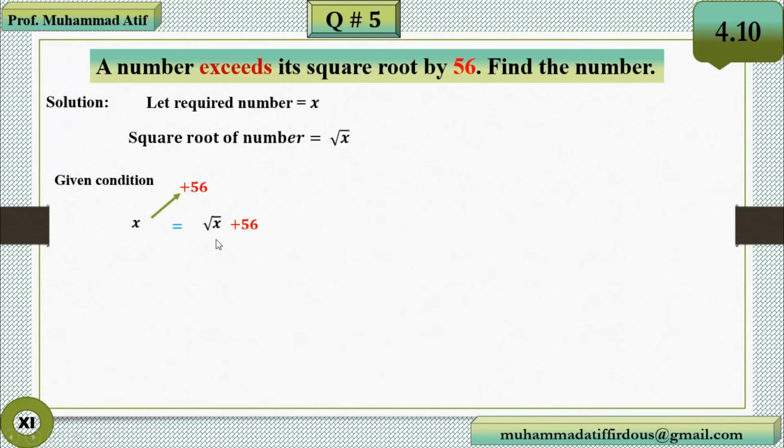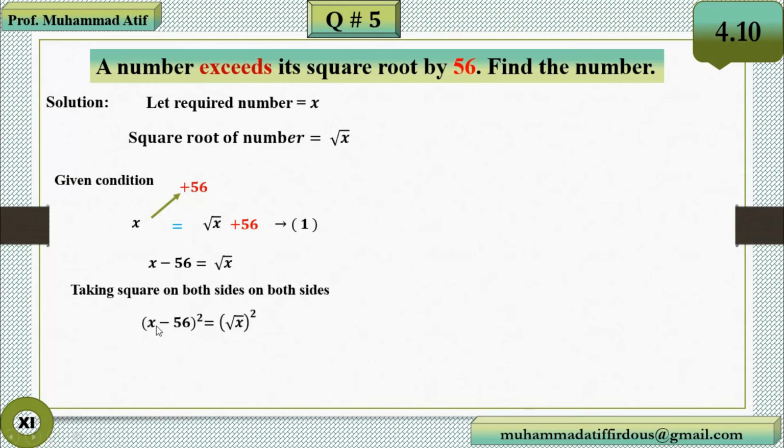What is the radical symbol? This under root sign. So first you simplify this: 6 on your left hand side is negative 6. In order to get rid of this under root, take the square on both sides.